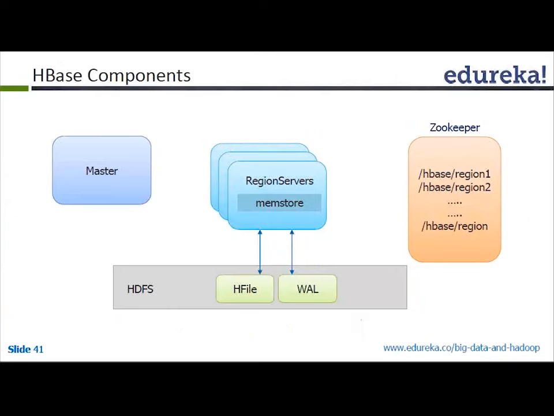After that, the data would be written in the form of an HFile. Your Zookeeper is like a coordination guy. When you communicate with the Zookeeper, he will tell you where your data is. How will the Zookeeper come to know where the data is? Because he'll be updated by the HMaster. The WAL stands for write-ahead log, like we have the edits file, right?